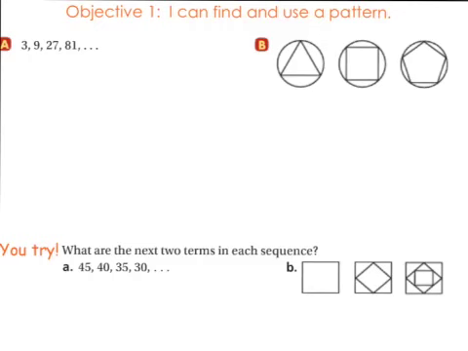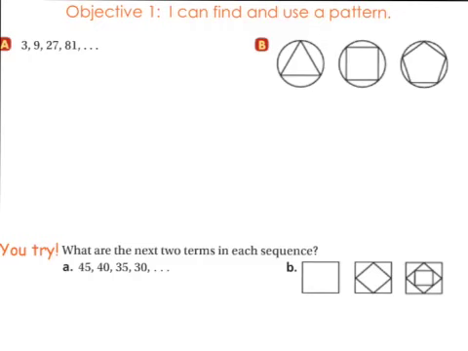When we have a numerical sequence, the pattern is typically going to be some kind of operation: addition, subtraction, multiplication, or division. Sometimes it's going to be a combination of patterns, but you want to start with the simplest. So the simplest here would be adding.